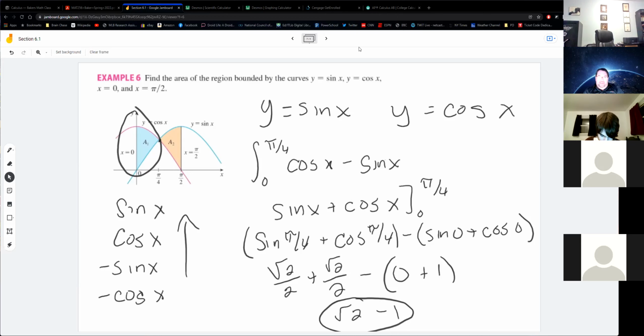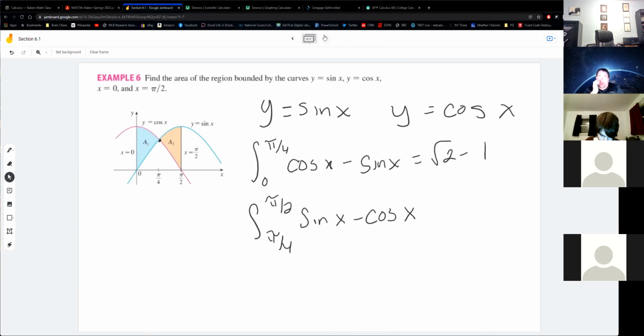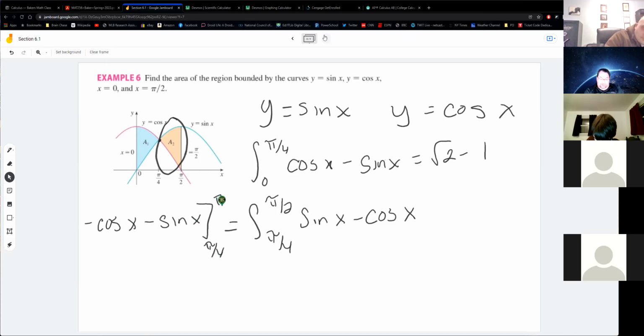All right, so let's do the other one. So now we got to do the other one, the other side. So same concept. The integral of that is negative cosine of x minus sine of x. And we're doing that from pi over 4 to pi over 2.